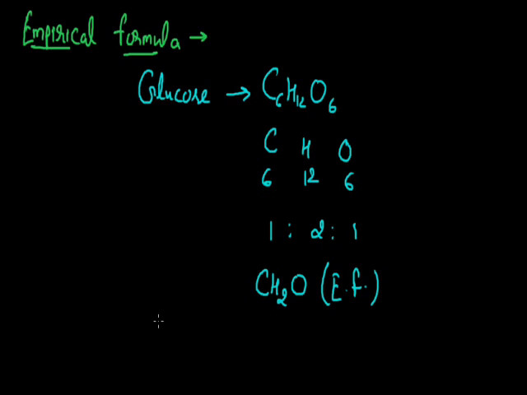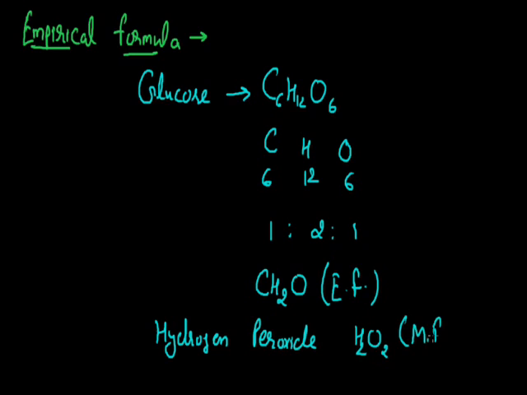Same as a time before we talked about hydrogen peroxide. This hydrogen peroxide has the formula H2O2, and this is termed as the molecular formula of hydrogen peroxide. Now we can find that here the ratio of hydrogen and oxygen is 2:2, which can be written in the simplest form as 1:1. So the simplest representation of hydrogen peroxide will be HO, and this HO can be termed as the empirical formula of hydrogen peroxide.